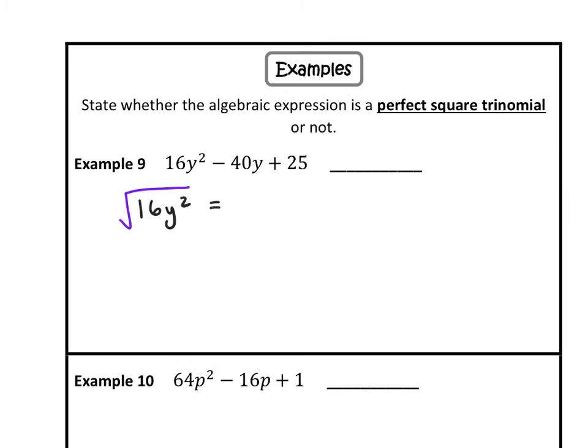Yes. Can I take the square root of 16? That's 4. Can I take the square root of y squared? Yes, that's y.